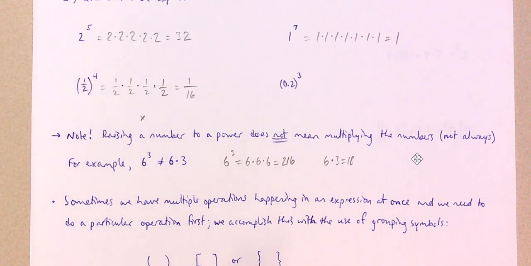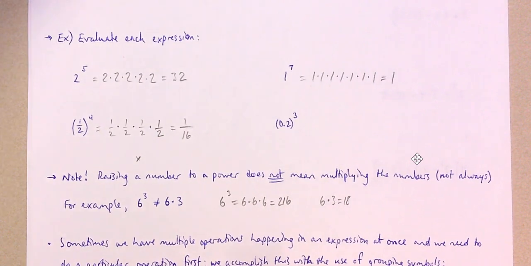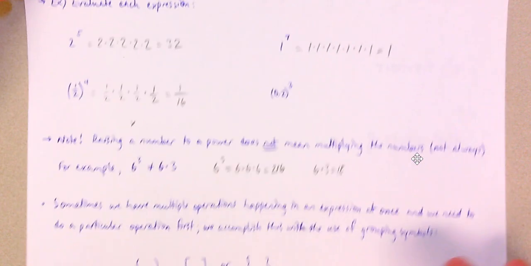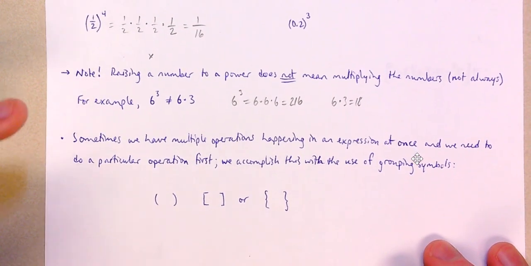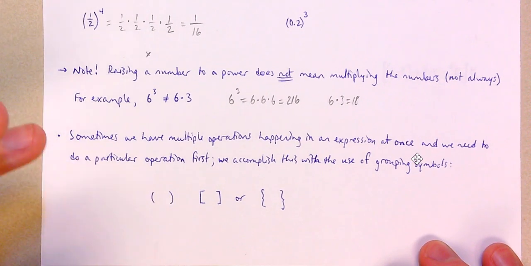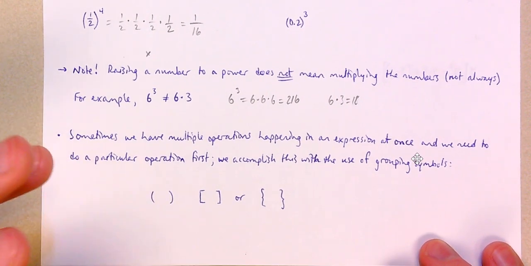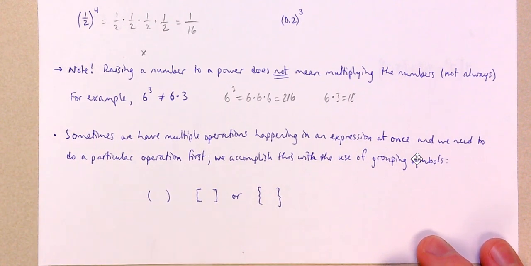So that's just a little bit of a review of exponents, what those things mean, and how we can write those things. Now, we may see some kind of mathematical quantity given to us, and we may have to do a particular operation first within a whole bunch of operations being used within the quantity that we are given.